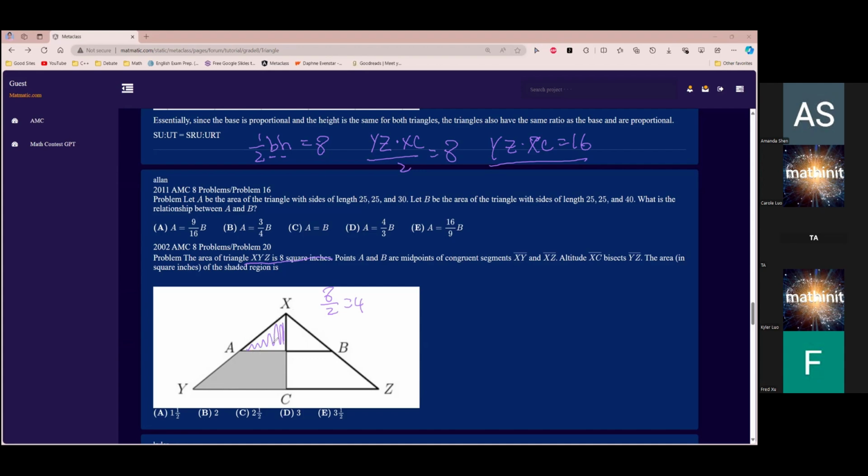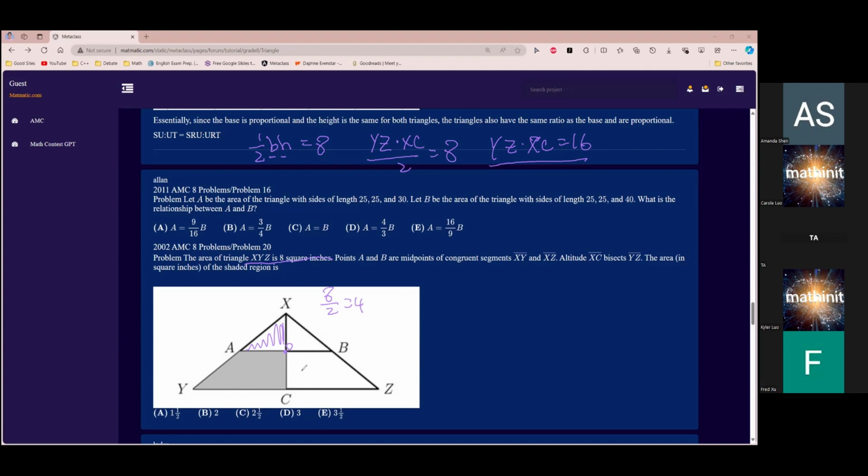And to figure that out, we could set the points of intersection over here as D, and we know that XAD is similar to XYC because all the angles are the same, and the side lengths are proportional.